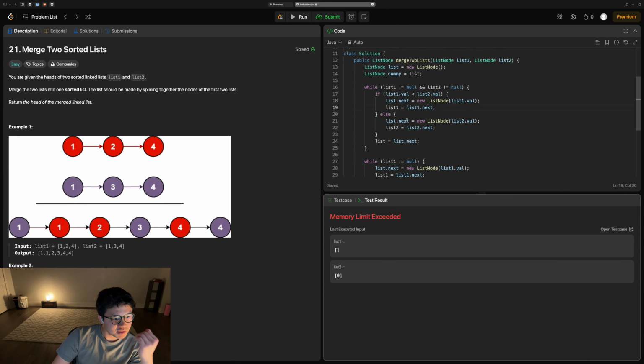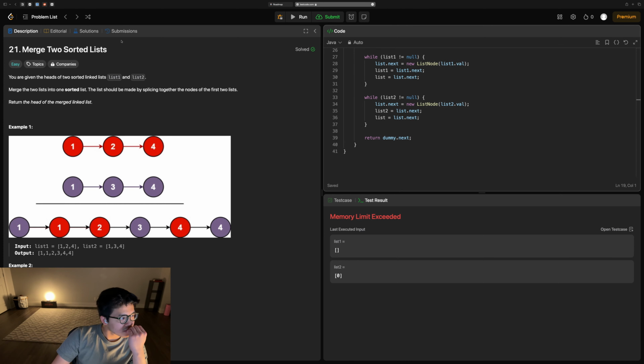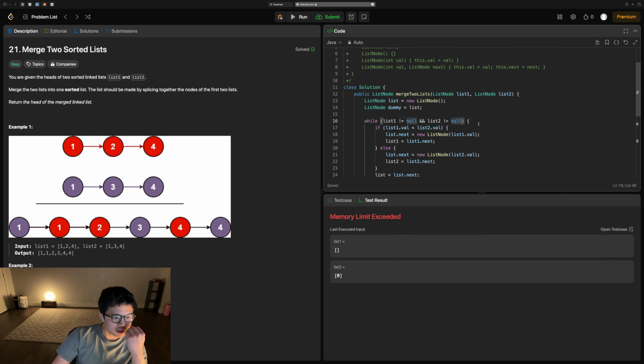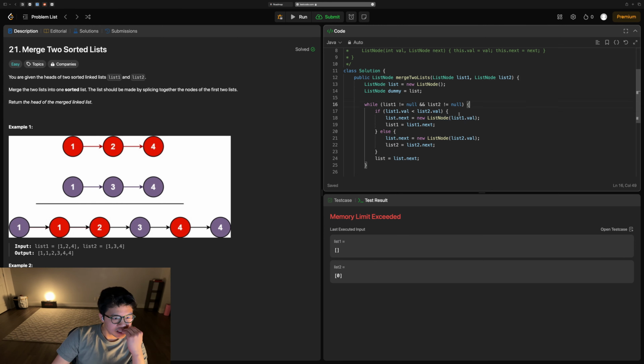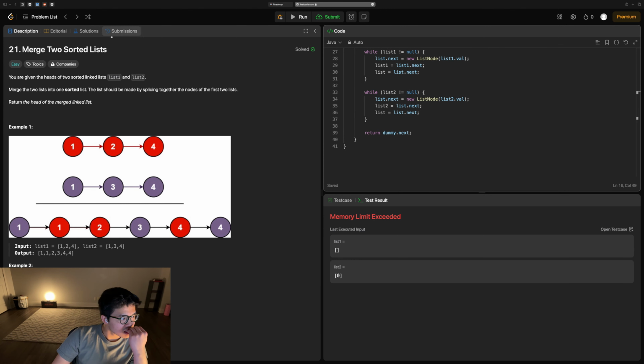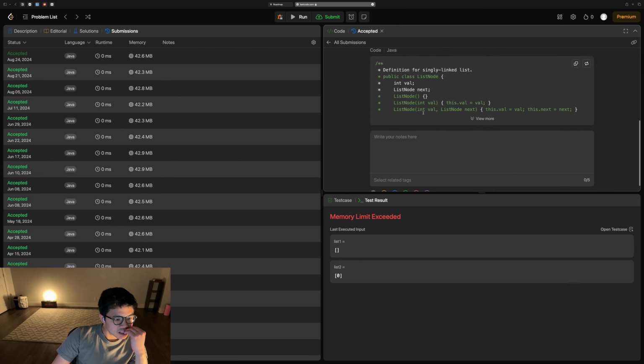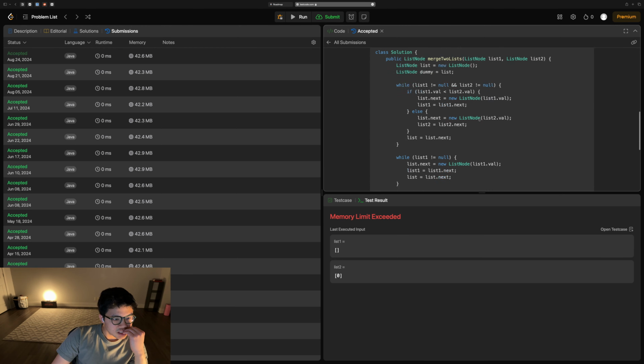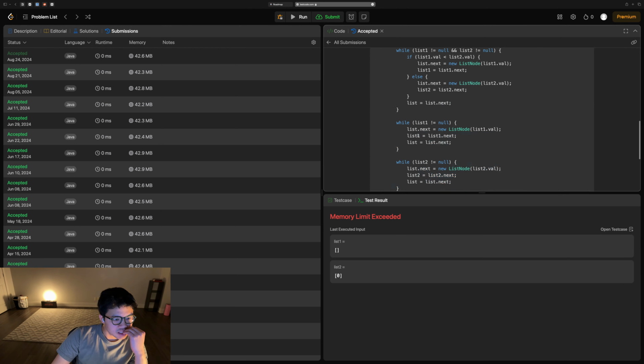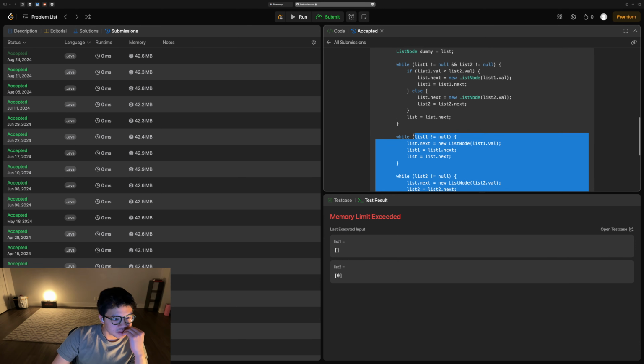Do I have an infinite loop somewhere? That would be time limit. What am I doing wrong? This is embarrassing. I'm scared to look at the answer. I don't know what I'm doing wrong. This looks identical to what I have.